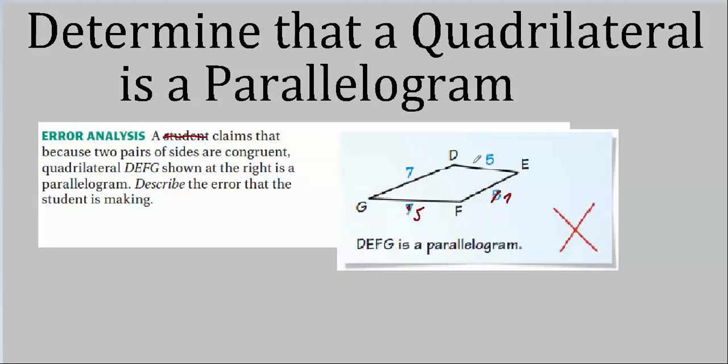See, if you've got two pairs of congruent sides, you don't have to show that anything's parallel. It follows. Boom, you got it. However, if you can only show that one pair of sides is congruent, then you need to show that they're parallel also. If you can do both of those, that means these two will have to be congruent and parallel. So either two pairs are congruent or one pair is congruent and parallel.